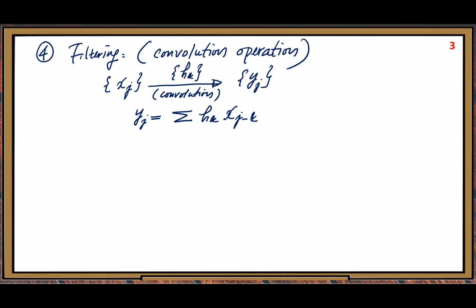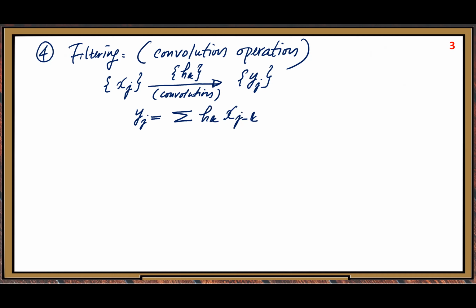The summation. Okay, that's the definition of convolution. This process we call filtering, digital filtering. So it's a basic operation in signal processing.